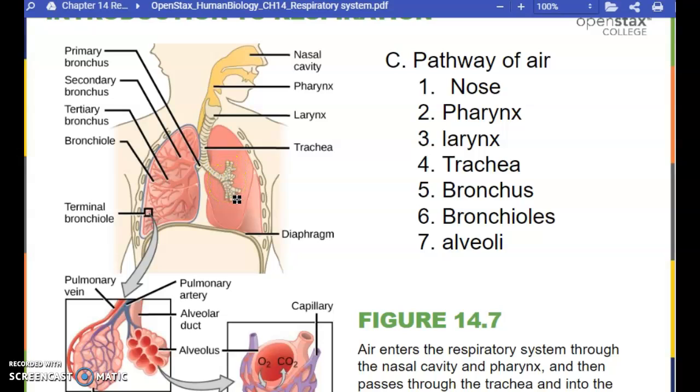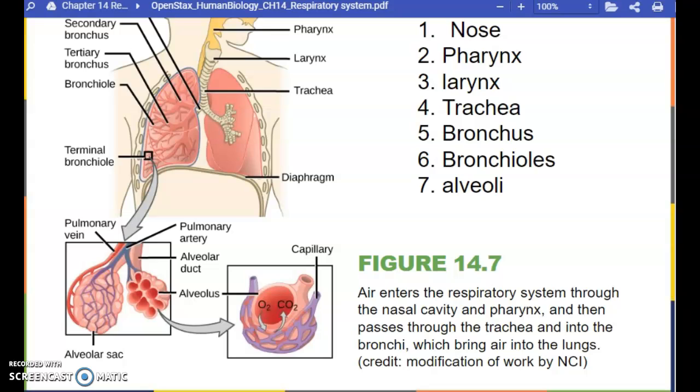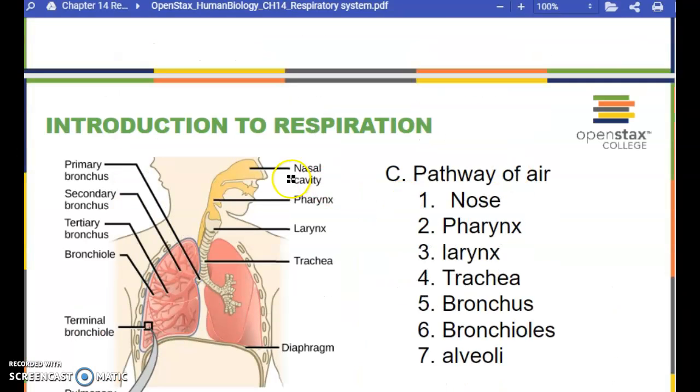Eventually they branch into tiny little air sacs called alveoli. So air enters the respiratory system through the nasal cavity, down through the pharynx, and so forth. In a later picture we'll talk about a little flap called the epiglottis that's super important.